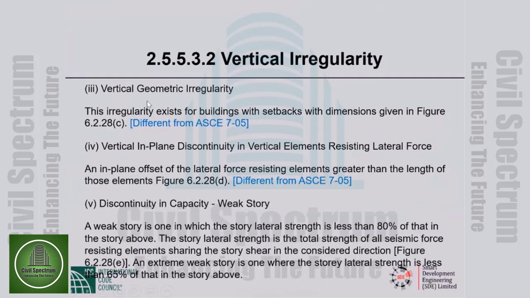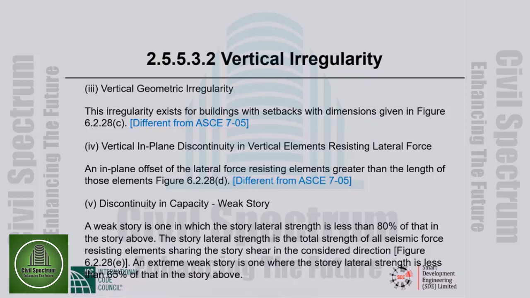The vertical geometric irregularity, BNBC has altered the ASC 7 definition, and we will look at both. Vertical in-plane discontinuity in vertical elements of the seismic force resisting system, that definition also has been altered in BNBC 2020.